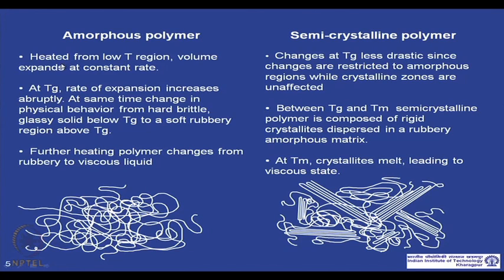If now we are talking about heating, what happens in case of a polymer material? For an amorphous polymer, if we heat from a lower temperature region, the volume expands at a constant rate, and at the glass transition temperature, the rate of expansion increases abruptly, and as a result of the chain mobility, the physical behavior and the mechanical properties of this polymeric material change.